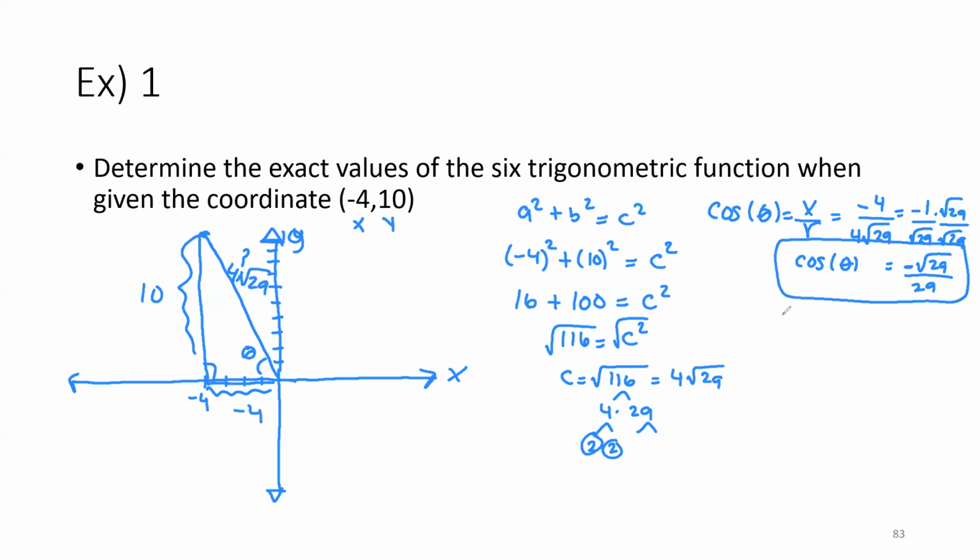So that was cosine. Let's find sine. Sine theta is y over radius. My y value is 10, and my radius is the same thing as the hypotenuse, so that's 4 square root of 29. I guess 10 and 4 can be reduced by 2. So 10 divided by 2 is 5, and 4 divided by 2 is 2.